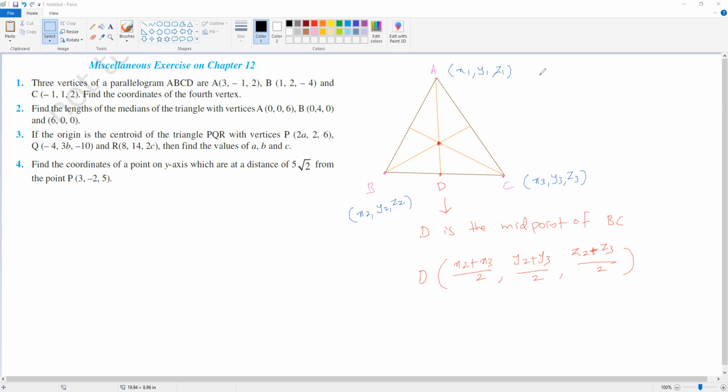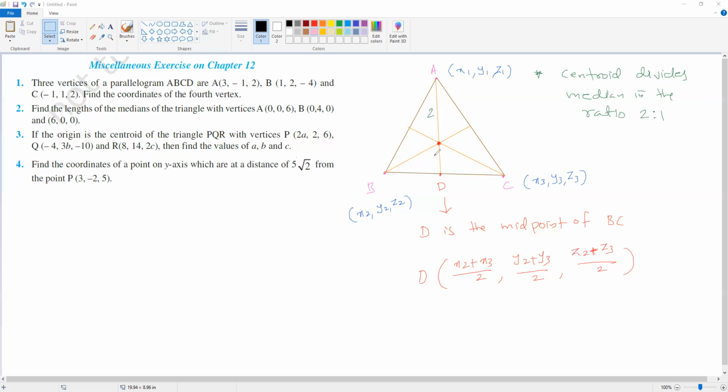Now, one important point: you have studied the centroid in 10th. The centroid divides the median in the ratio 2 is to 1.